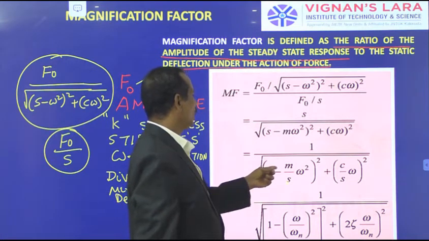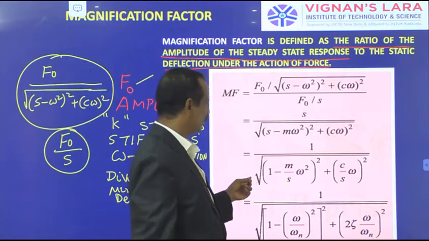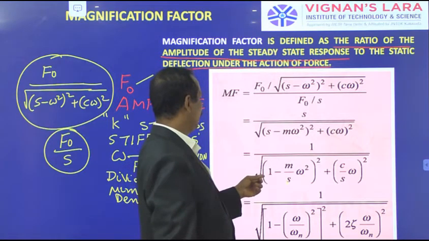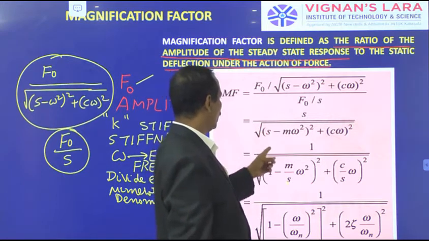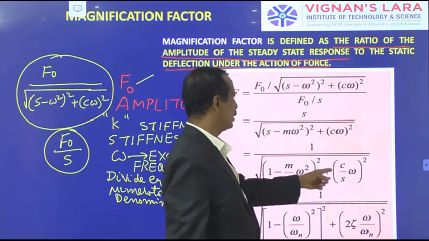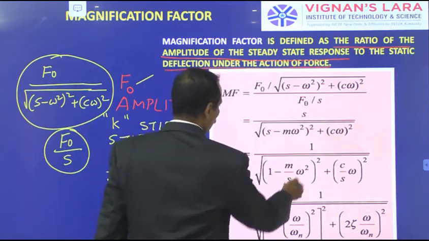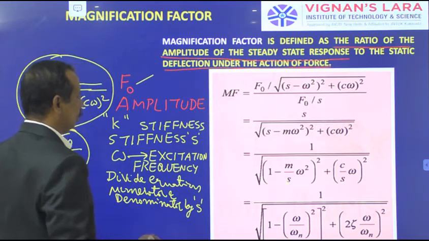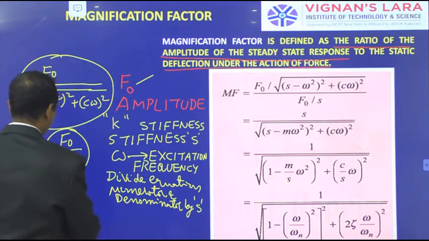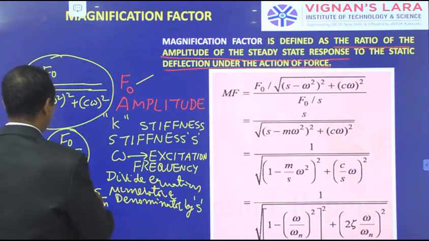Inside there is a square term and outside there is a root, so simply it goes like an s. Then we have 1 minus m by s omega square, plus c by s omega square. And we know the fundamental relation that omega n is equal to root of s by m.